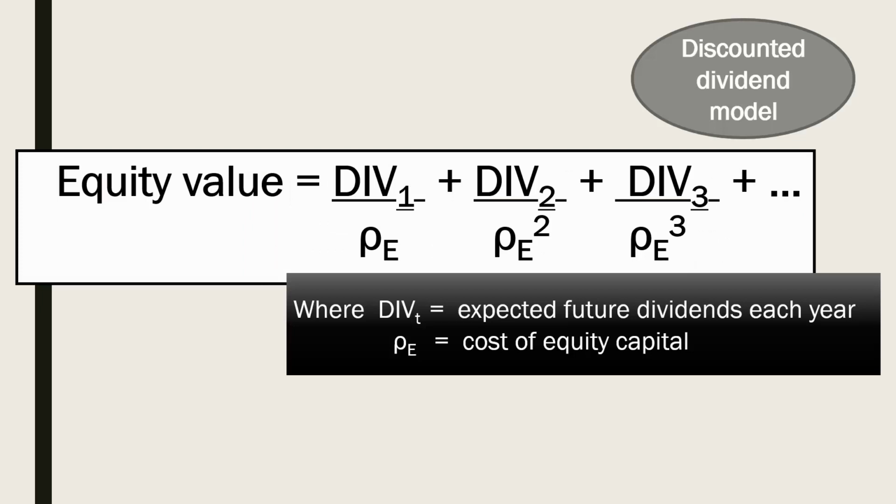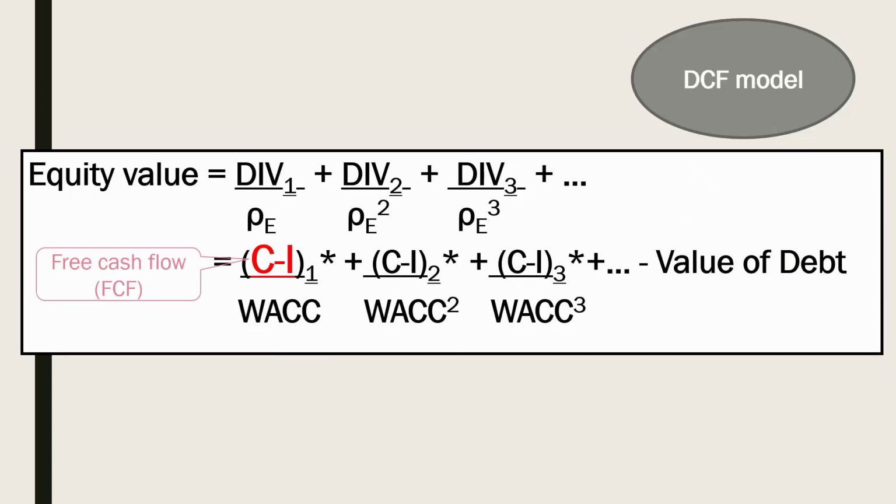We can recast the dividend discount model to focus on calculating the present value of free cash flow. We replace dividends with free cash flow each year, C minus I. If we forecast free cash flow instead of dividends, we are ignoring the effect of debt, or in other words, we are valuing a firm's operations independently of how it is financed with debt or equity.